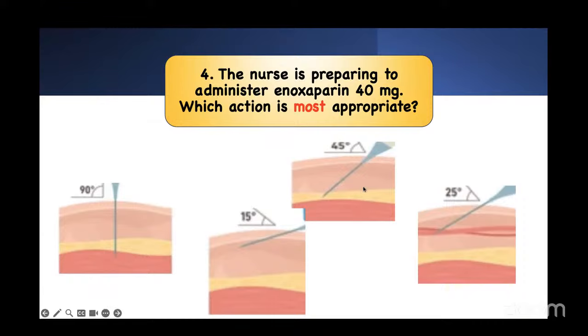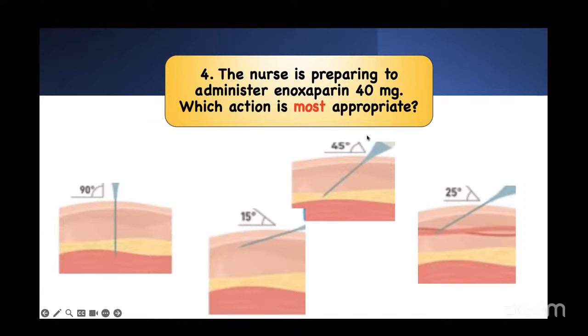So this question is designed to teach you. I did not give you the weight, but the most common one is 45 degrees. But if you cannot pinch 2 centimeters, then you make sure you inject it at 90 degrees. For this one, we can pinch almost 2 centimeters.